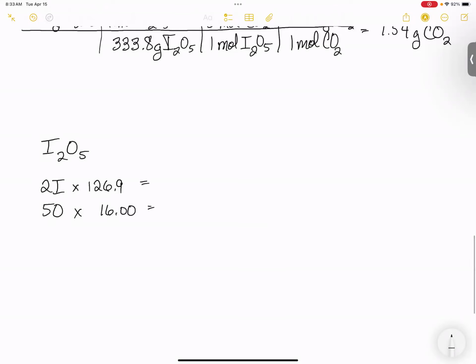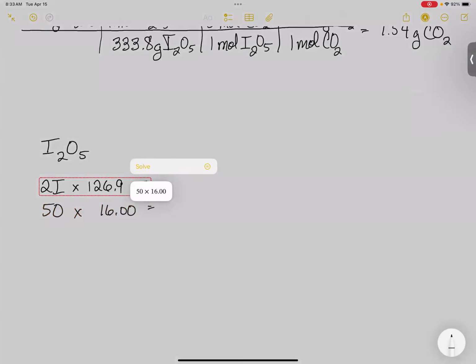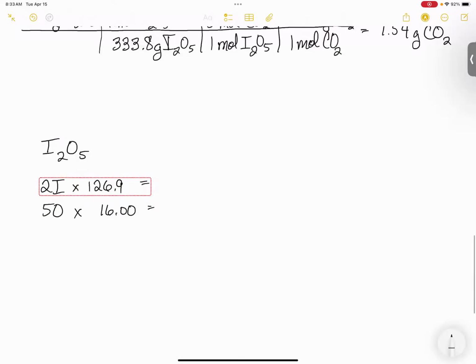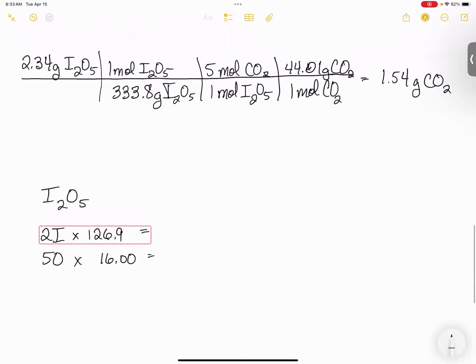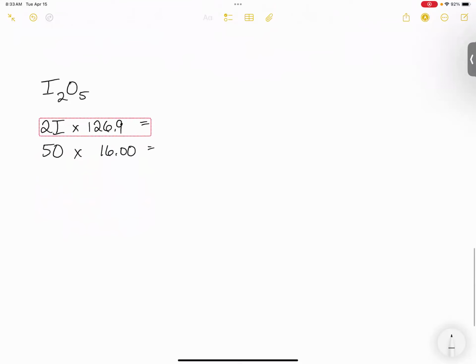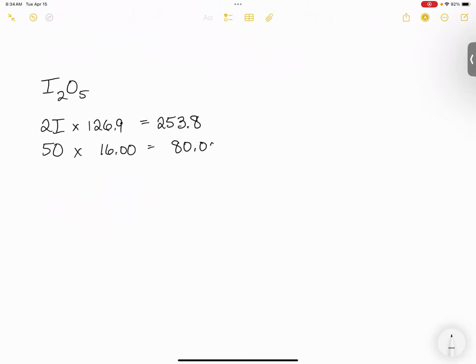When you multiply the I together, you get 253.8. When you multiply the oxygen, 16 times 5, you get 80.00. And when you add those together, you get 333.8. And you would do the same type of thing with the CO2.